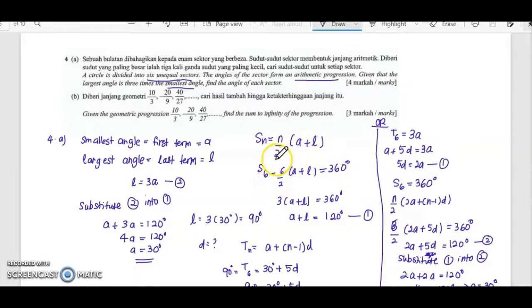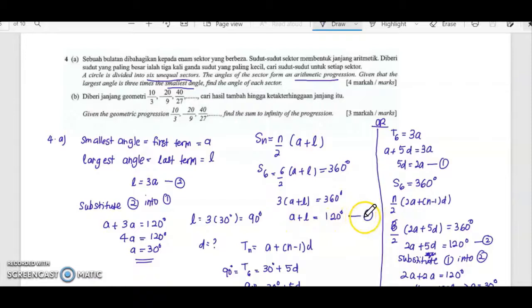So now we know that there are 6 terms altogether since the circle is divided into 6 unequal sectors. So S6 equal to 360, and we substitute with the formula. So 3 times A plus L equal to 360, and then we get A plus L equal to 120.